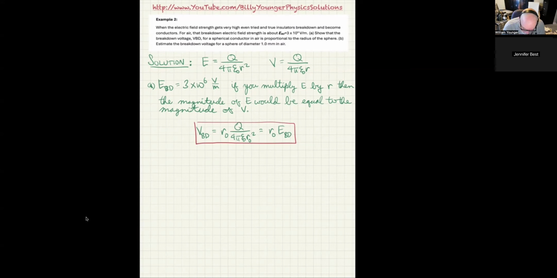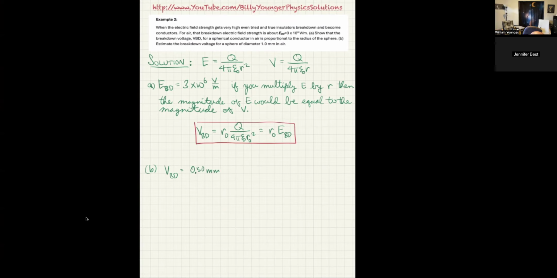So now for part B, they want us to estimate the breakdown voltage for a sphere of diameter 1 millimeter. So for part B, the breakdown voltage VBD is equal to, since the diameter is 1 millimeter, it's going to be 0.50 millimeters is the radius.